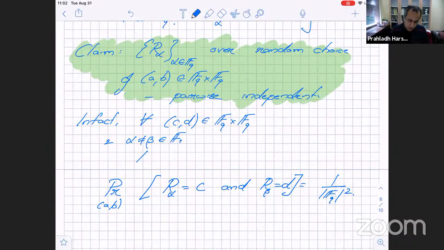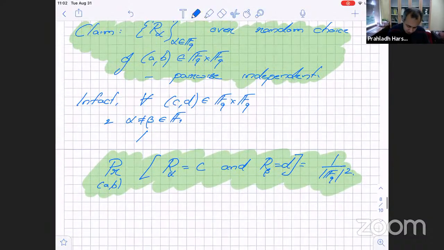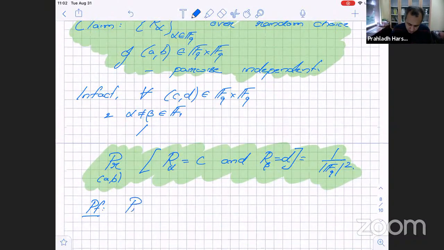So this is what I want to claim. I'm already past 2 minutes, but let me quickly finish. The proof of this is almost immediate. What's the probability we're asking? What's the probability over AB that A alpha plus B equals C and A beta plus B equals D?